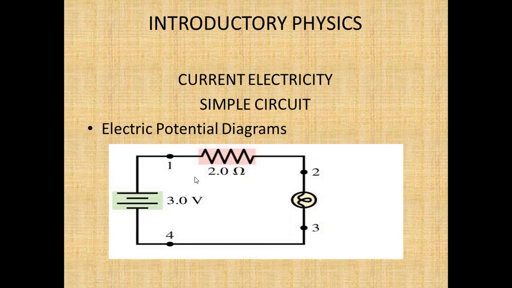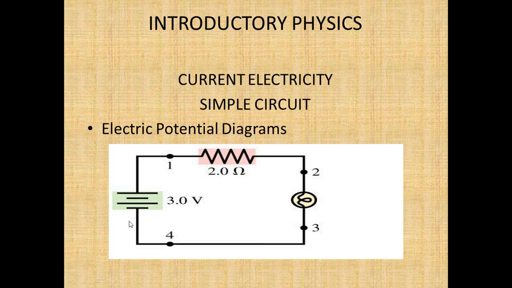So in this situation, you have a battery with 3 volts. The high potential terminal is right here, the low potential terminal is right there. The high potential terminal is 3 volts, the low potential terminal is 0 volts.